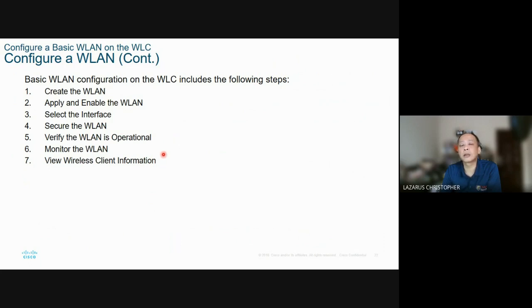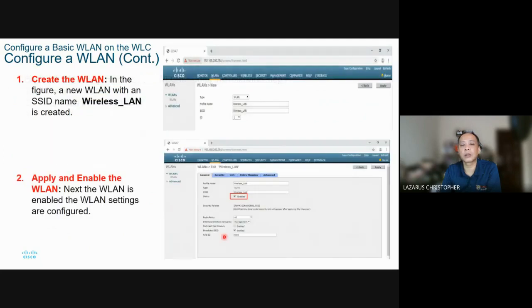And then you see whether it's connected successfully. You will see the device connected to the wireless LAN by having access to the wireless client information, okay? All this is viewable in the WLC. So step by step, you can see the steps and then the view for Aironet. Okay.